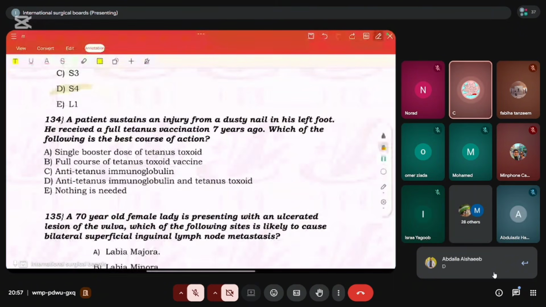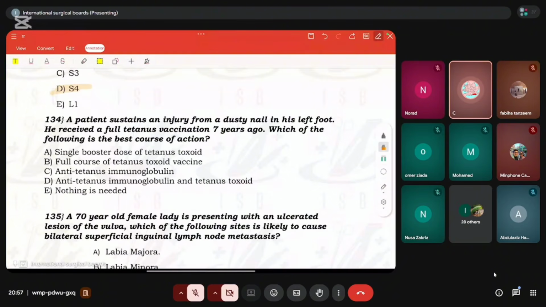A patient sustains an injury from a dirty nail on his left foot. He received a full tetanus vaccination 7 years ago. Which of the following is the best course of action? If he's had a full course within the last 10 years, I think nothing is needed.